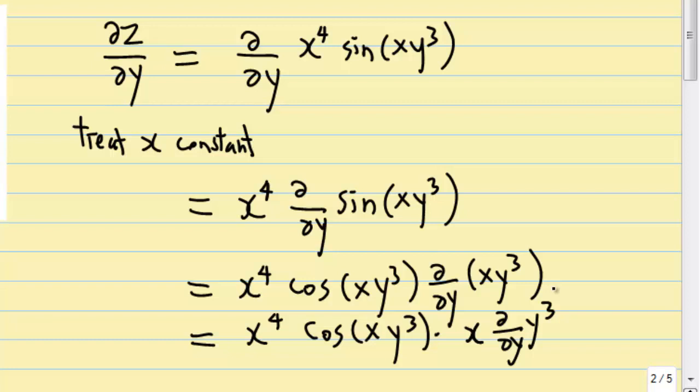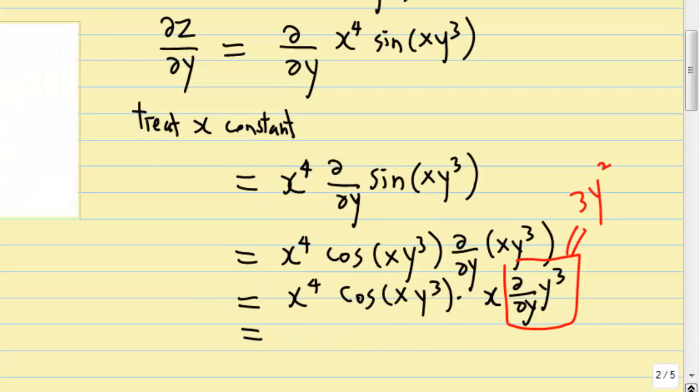But differentiation of y cubed is 3y squared. So we multiply, you get 3 x power 4 plus 1 is 5 now, y squared cosine xy cubed for the answer of dz dy.